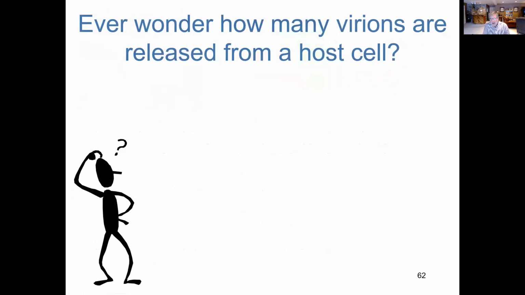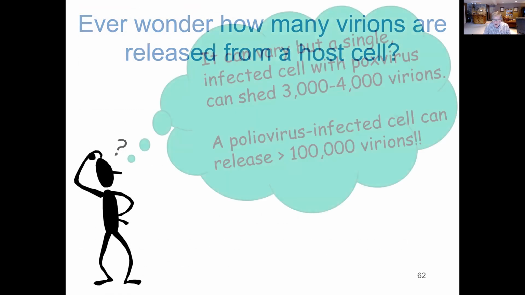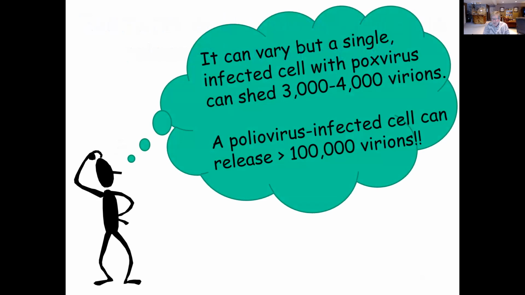So how many virions, which are another term you could use for viruses, are released from a host cell at one time? Well, hard to imagine this, but as we saw just a few moments ago, some of the complex viruses that can induce lysis of the host cell can release 3,000 to 4,000 virions.